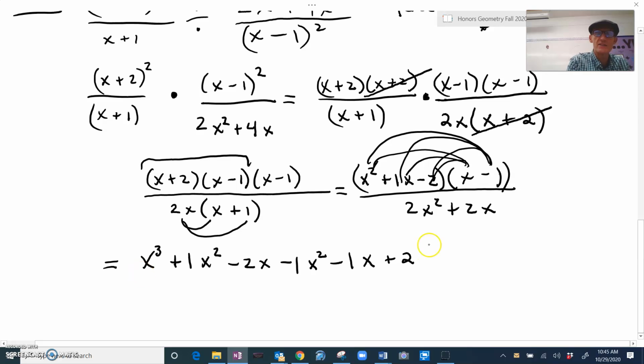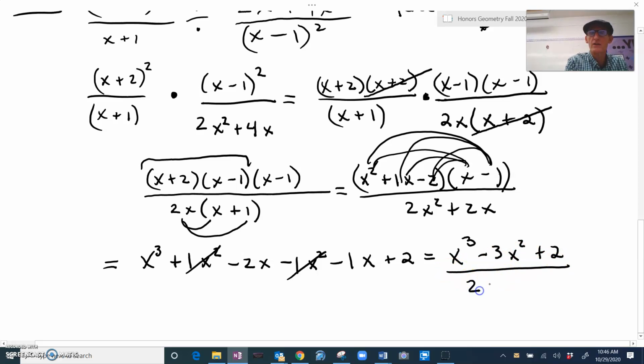All right, and then that simplifies to x cubed, and then the x squareds cancel, minus 3x plus 2. And then this is divided by 2x squared plus 2x.